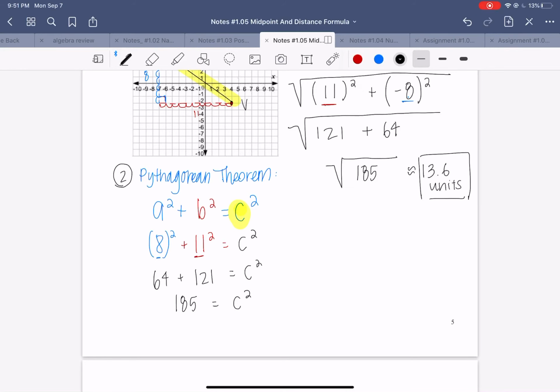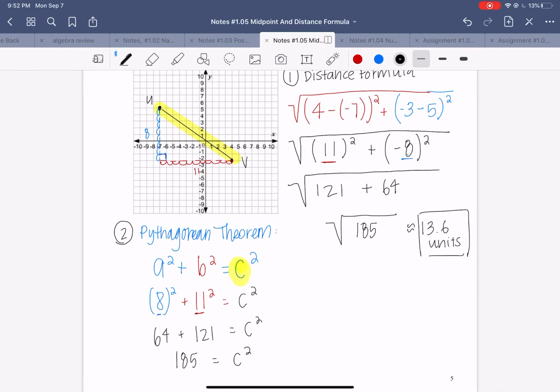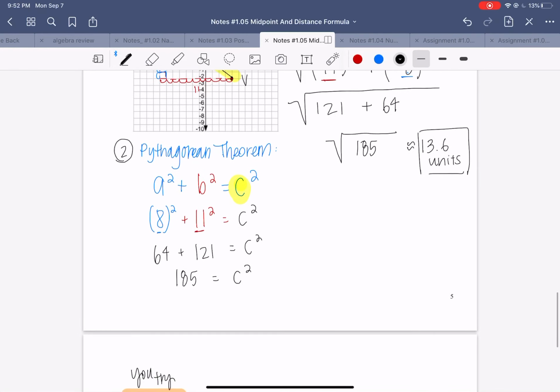I need c alone. C alone is the distance. I have to take the square root to get rid of the square. Take the square root of c squared to get c by itself. And again, c equals the square root of 185, which gets us 13.6 units.